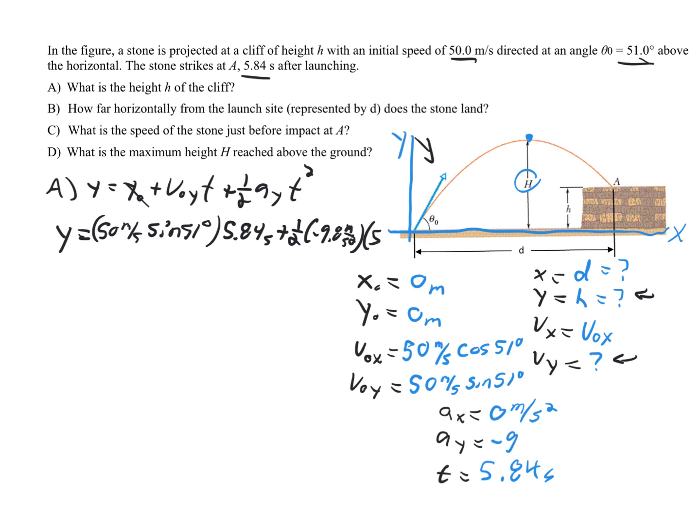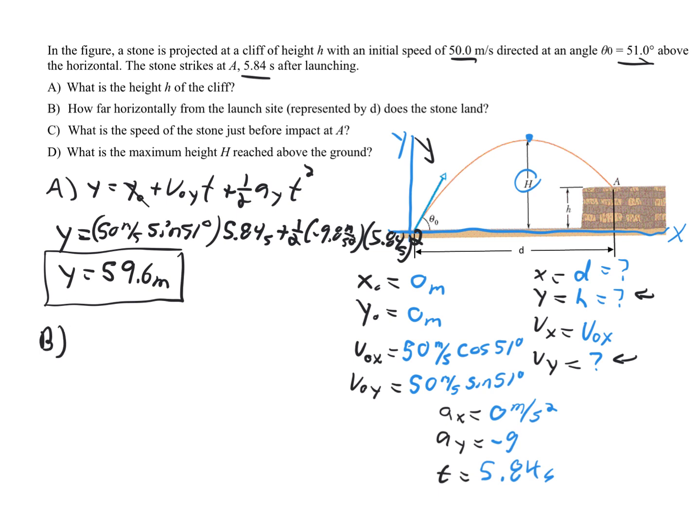I apologize that I'm getting tight on space here. So if we do the math, for y final, we get a total overall final height of 59.6 meters. Box-worthy for sure.